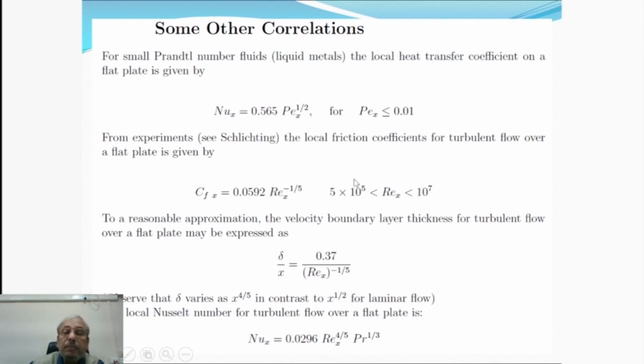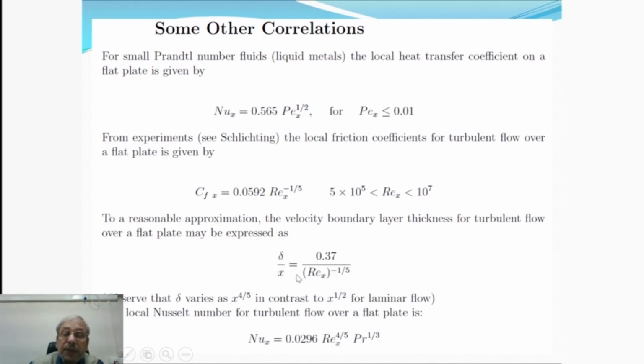To a reasonable approximation, the velocity boundary layer thickness for turbulent flow over a flat plate is given by delta/x = 0.37 divided by Rex to the power minus 1/5.